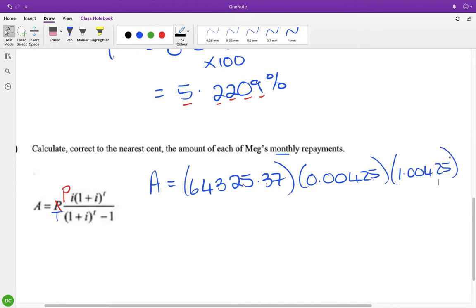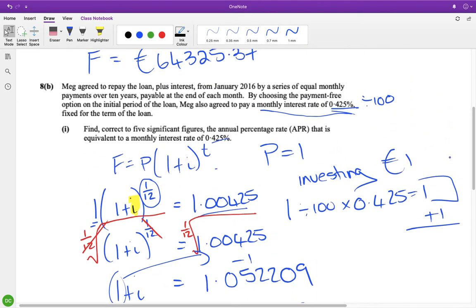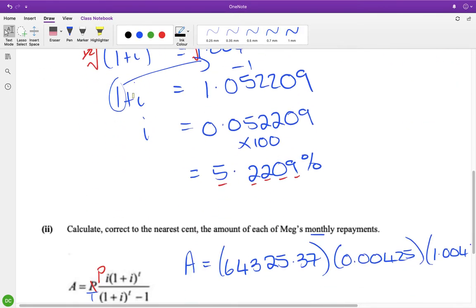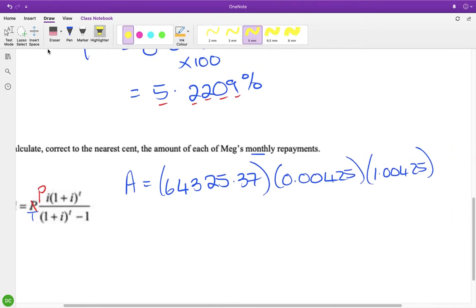The term of the loan was 10 years, was it? Yep. So the term of the loan was 10 years, but remember that she's paying it in months. So 10 multiplied by 12, because there's 12 months in every year, you're talking about 120 repayments she's going to have to make.